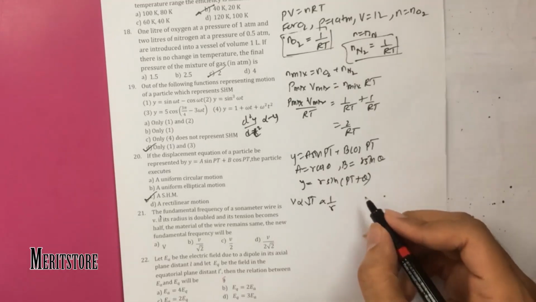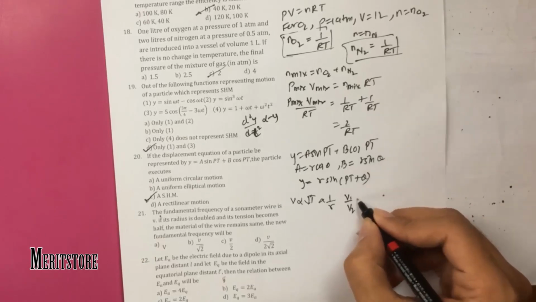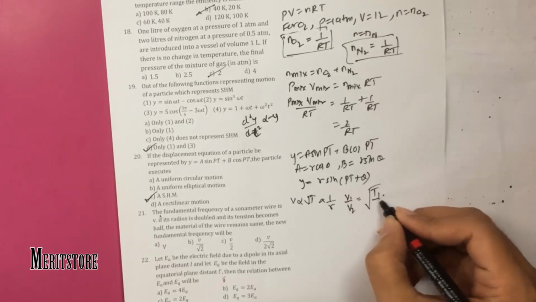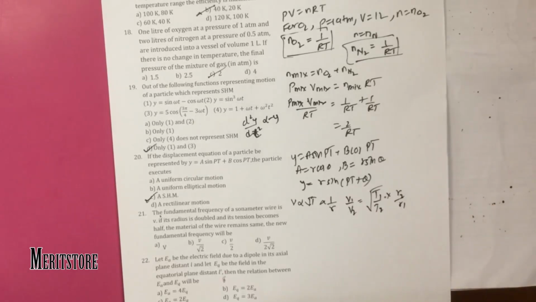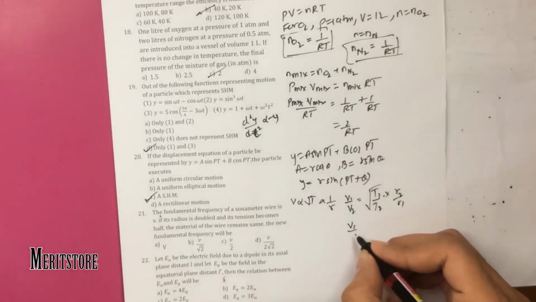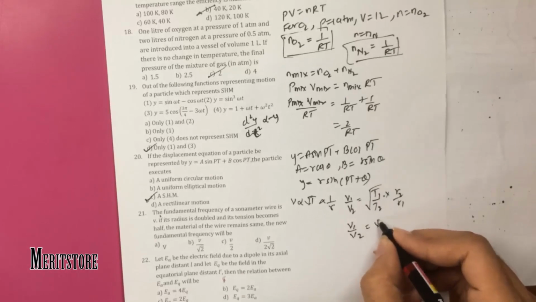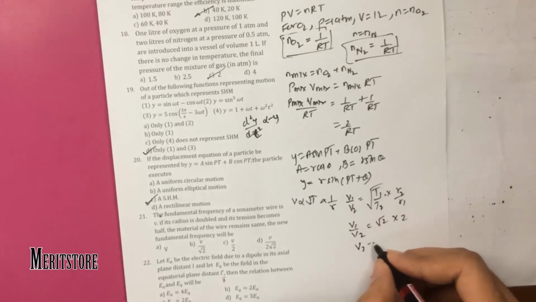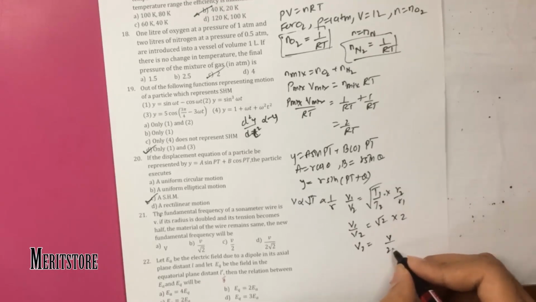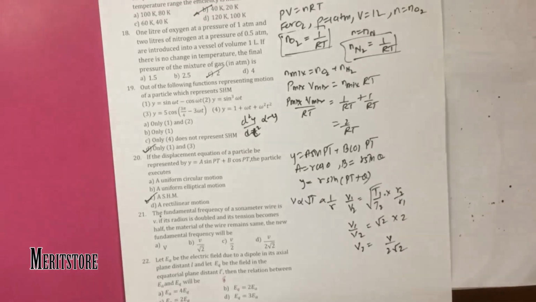So I would have V1 by V2 equals root of T1 by T2 multiplied by R2 by R1. Now I know R2 is 2 times R1 and T2 is T1 by 2. On substituting, I would get V1 by V2 equals root 2 multiplied by 2. So basically V2 would be equal to V divided by 2 root 2. So your correct answer would be option D.